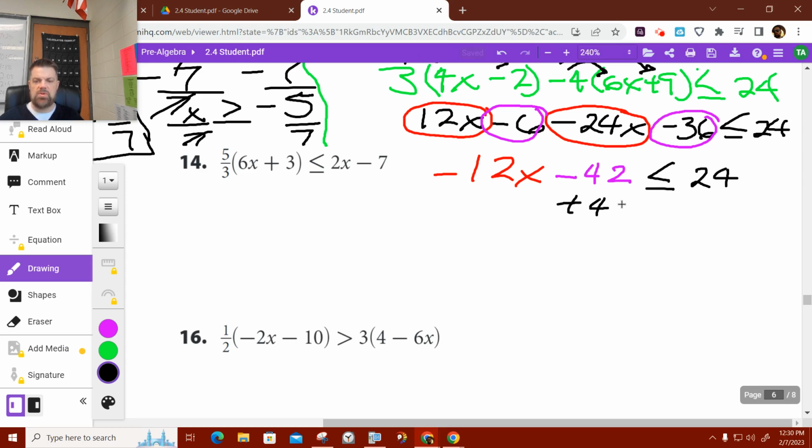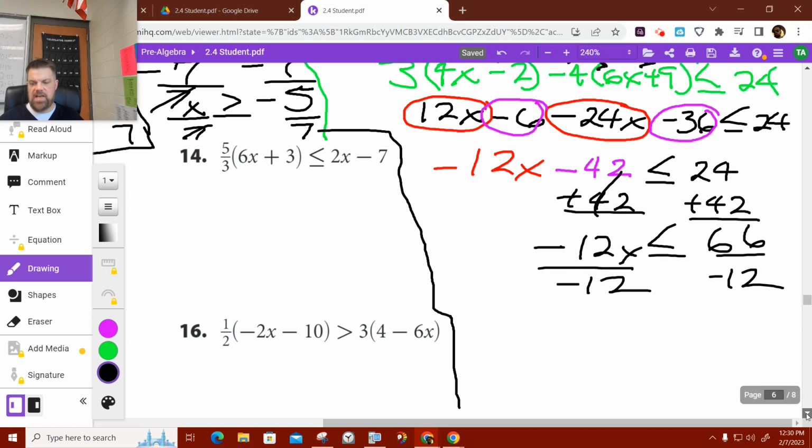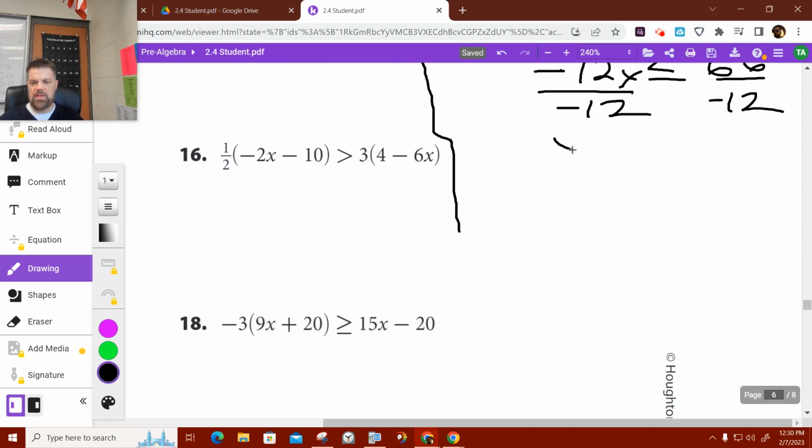I'm going to add 42 to both sides. This is 66. These cancel, and I'm left with negative 12x. Divide by negative 12. Divide by negative 12. I'm going to keep writing down. I get, the negative 12s cancel, is less than 66 over negative 12.